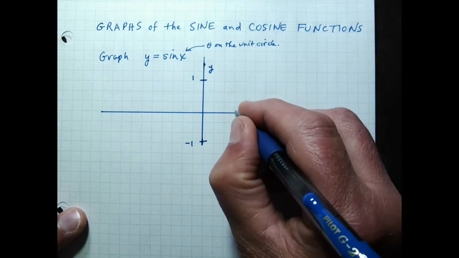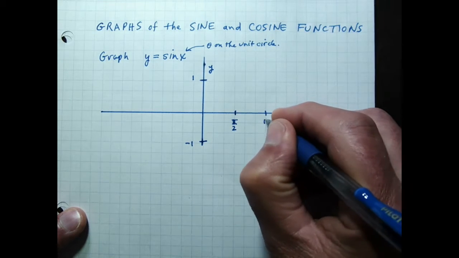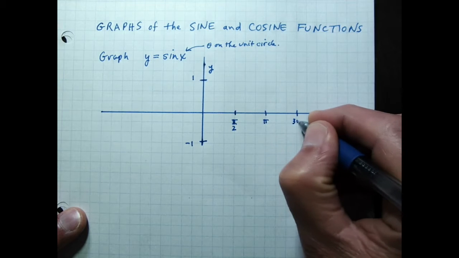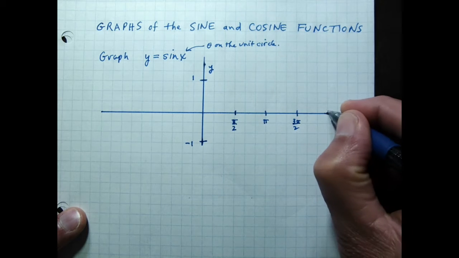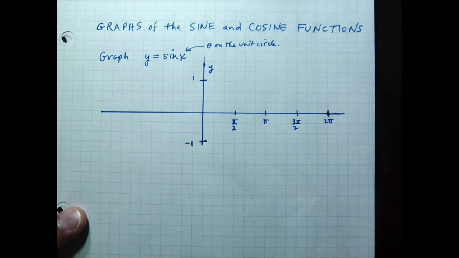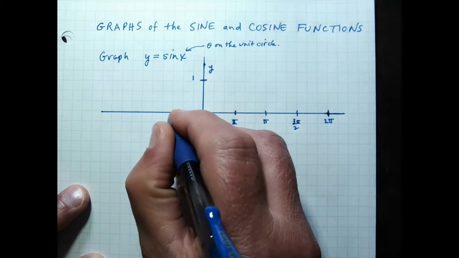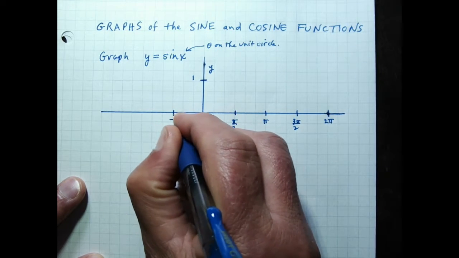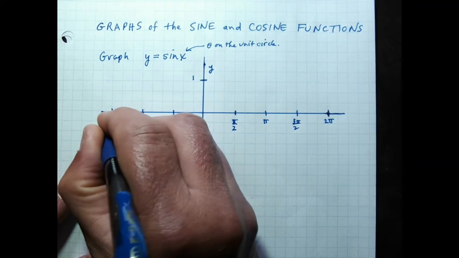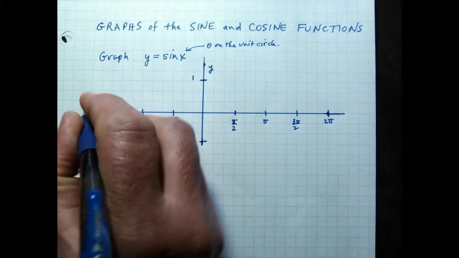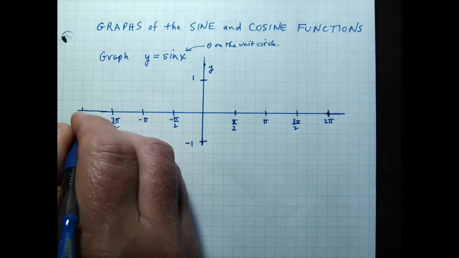If I go pi over 2, that's like 90 degrees, then pi, then 3 pi over 2, and a little further, this is 2 pi. And in the negative direction, I want to label negative pi over 2, negative pi, negative 3 pi over 2, and far enough so that we have negative 2 pi.